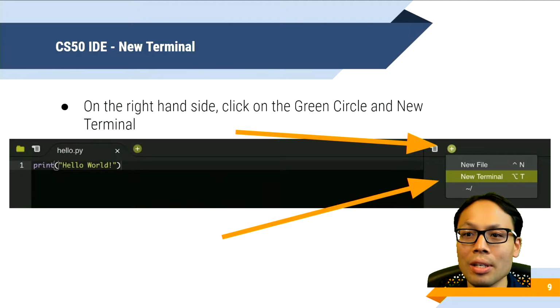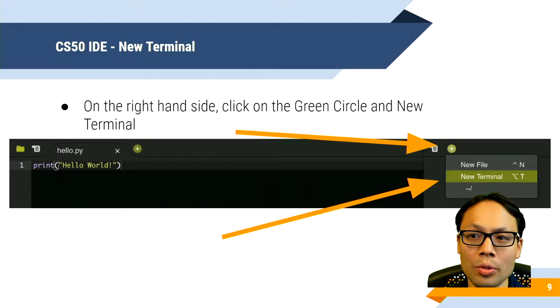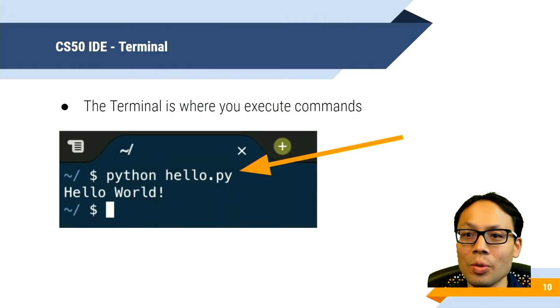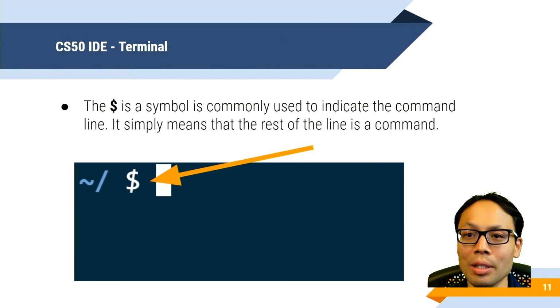On the right-hand side, you want to open up a terminal. So click on the green circle and open up New Terminal. To execute a Python file, you would just give the command python space hello.py, and the output would be in your terminal.